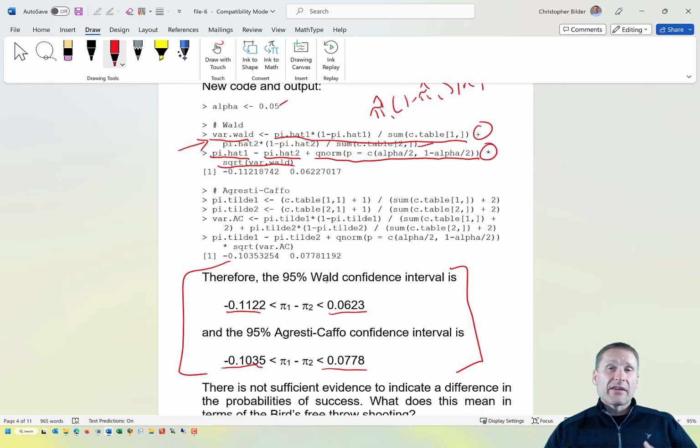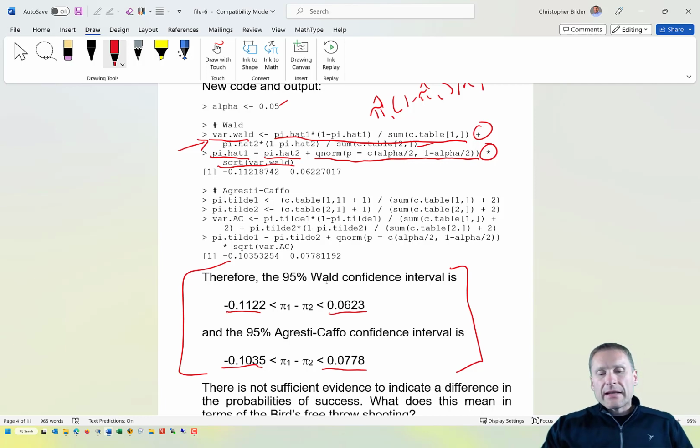So if I wanted to have a standard interpretation here of, let's say, the Agresti-Caffo interval, I could say something like, with 95% confidence, I would expect the difference in the probability of success for the second attempt to be between negative 0.1035 to 0.0778. For, let's say, group 1 is my first free throw made, group 2 is my first free throw missed.